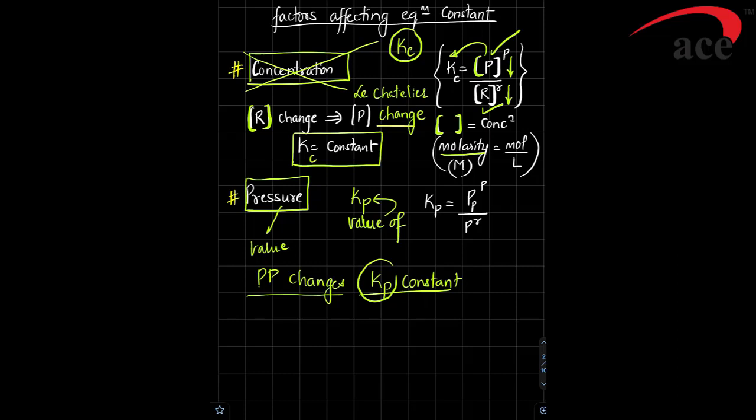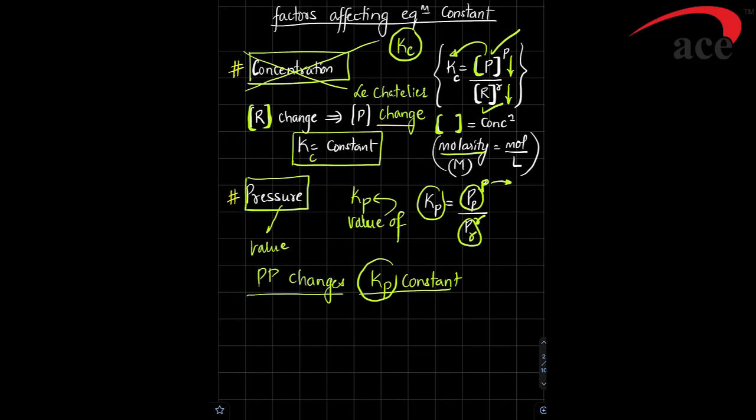It's like this. If the partial pressure of the product is changed, then the partial pressure of the reactant also will change accordingly to keep the Kp value constant. The powers P and R are nothing but the stoichiometric coefficient of the product and the stoichiometric coefficient of the reactant.